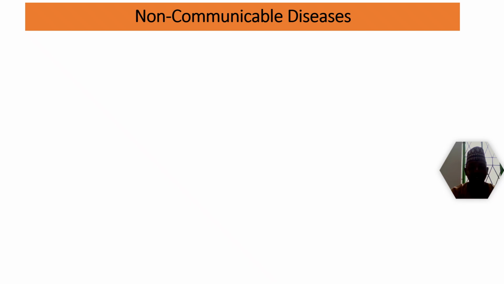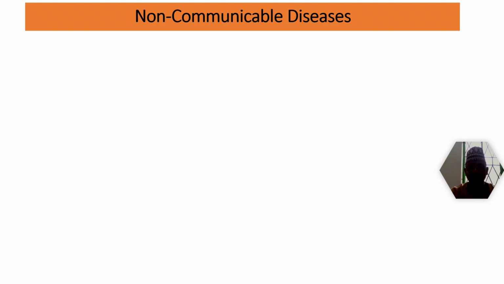Now, having said a lot on the communicable diseases, let us quickly look at the non-communicable diseases. The non-communicable diseases, as we defined them initially, are diseases not caused by pathogens, but diseases as a result of other environmental or genetic factors.